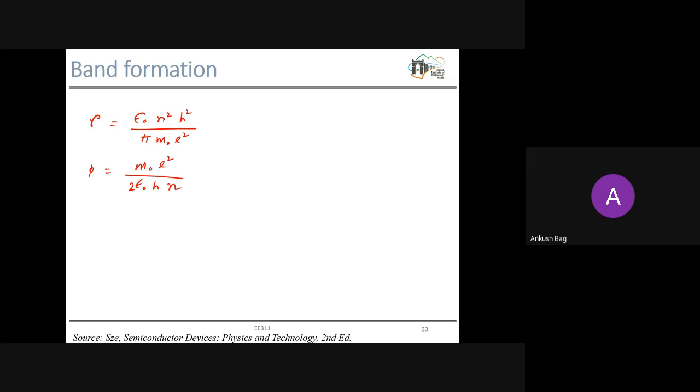So these are the two equations for your radius and momentum.